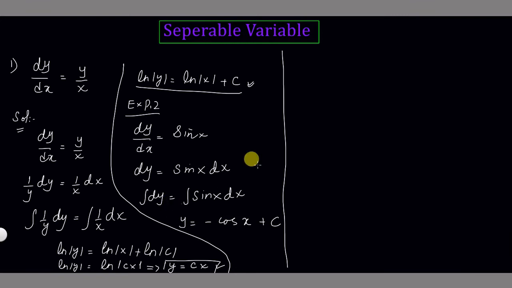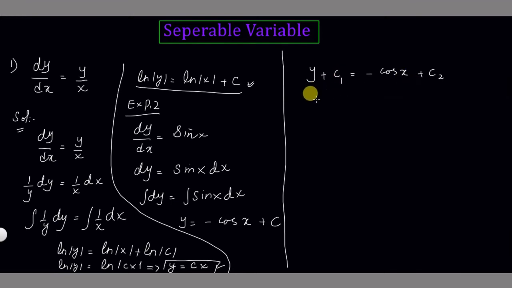The answer to this question is yes, you can use the constant of integration on both sides. But what will happen? You can see over here cos of x plus c2. The constant on the left hand side will be c1 and the constant on the right hand side will be c2.